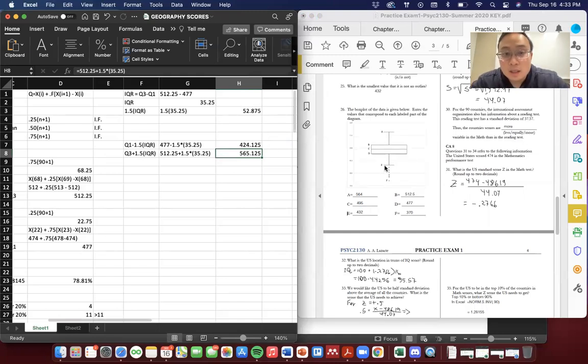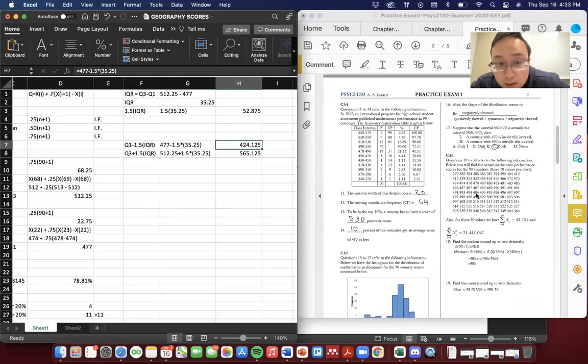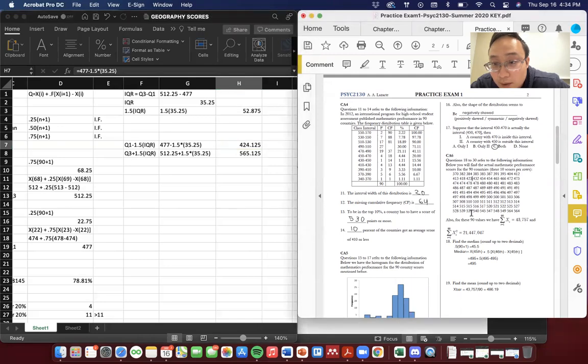So E, anything below this number is an outlier, right? So in this entire data set, what number is below 424? So 424 is right here, right there. So all these numbers right here are outliers.